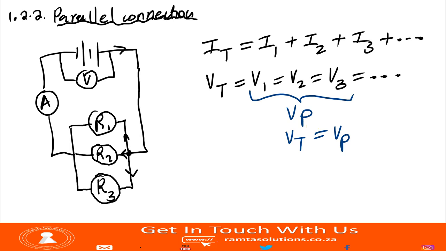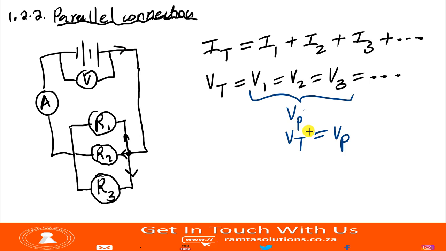I don't like it when we write it like this, because it means you have VP. But when you say V sub P, it makes sense now, right? Because when you say VP, it's like you have voltage and P for power, maybe, or P for something else.